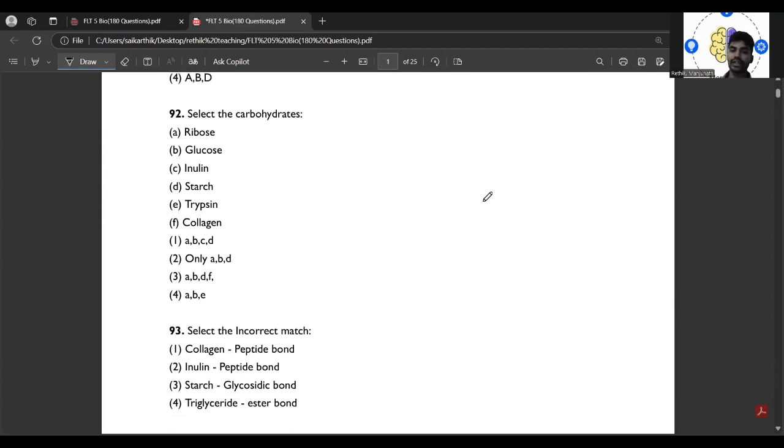Next, moving to the 92nd question, you need to select the carbohydrates here. Which might be the carbohydrates? We have ribosomes, glucose, insulin, starch, trypsin, and the last one is collagen.